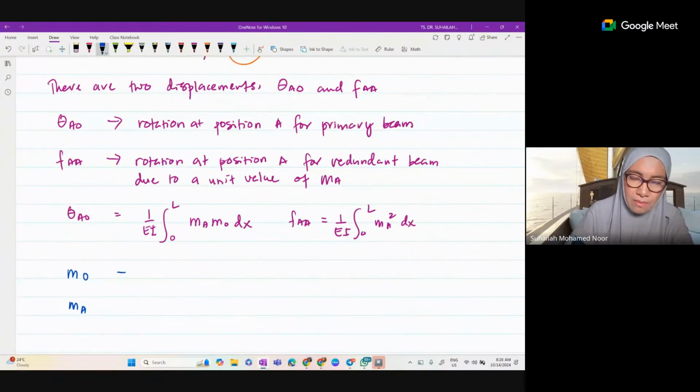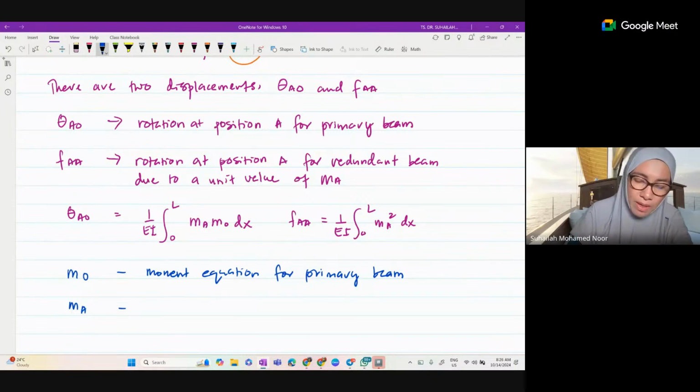So M naught is the moment equation for the primary beam. And MA is the moment equation for the redundant beam.